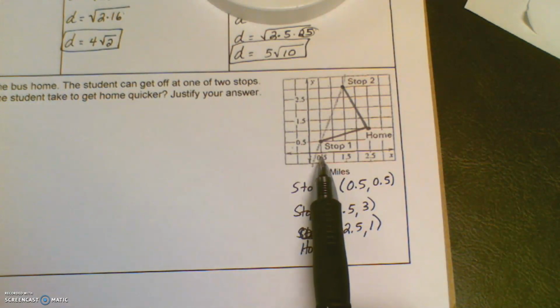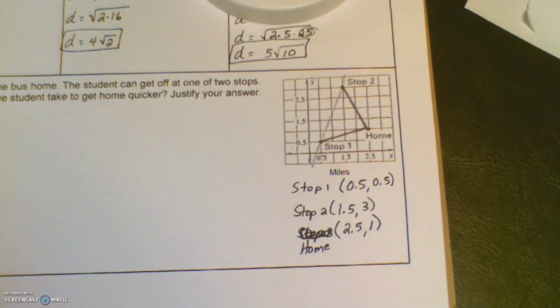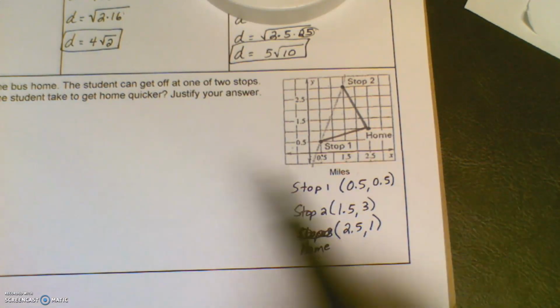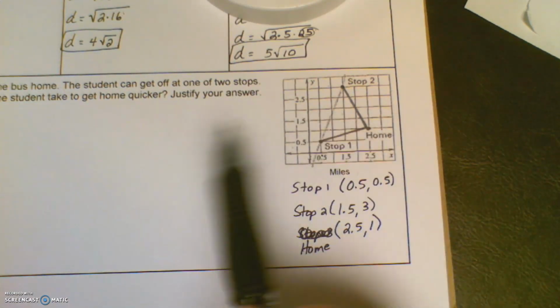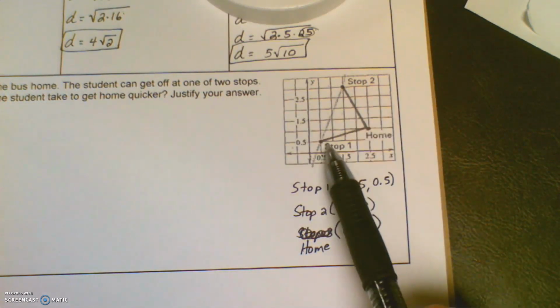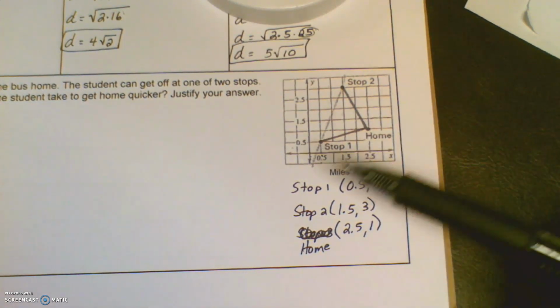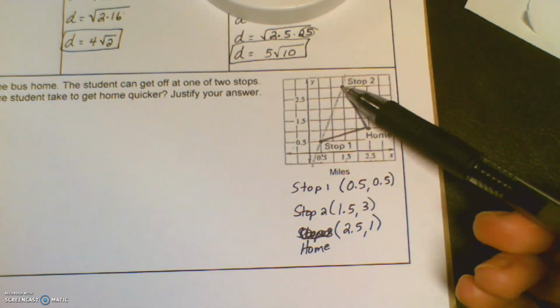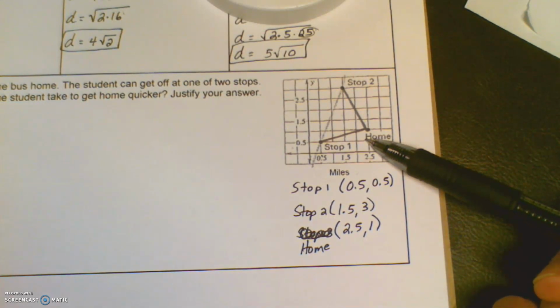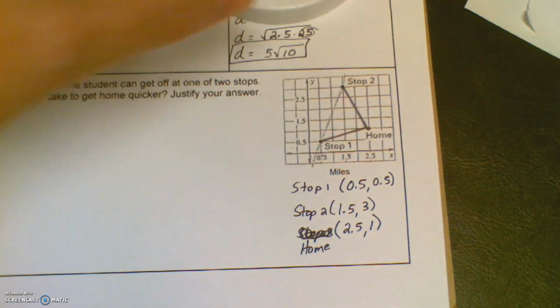And the x-axis you're counting by 0.5s, the y-axis the same. Units are miles. The student is taking the bus home. So if we look at stop 1 to home, find that distance, then look at stop 2 to home, look at that distance, and compare the two distances to see which one is the shortest distance.